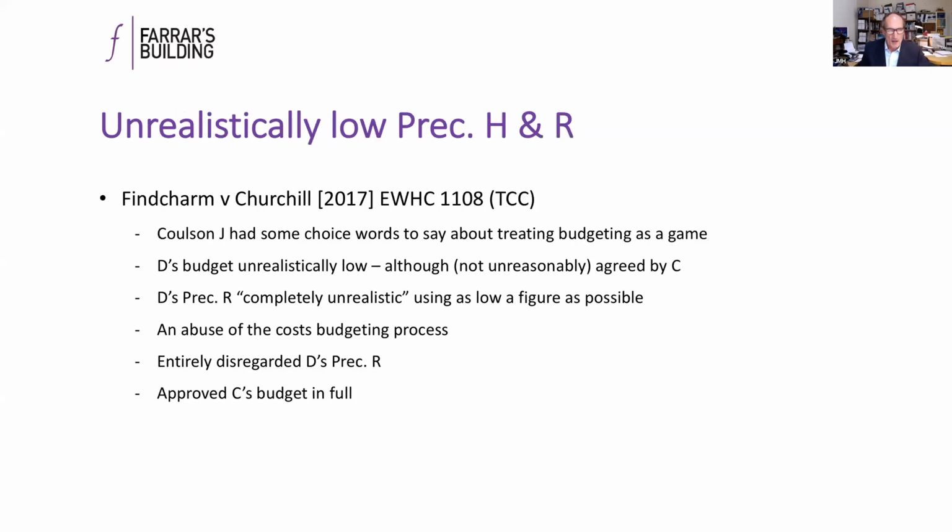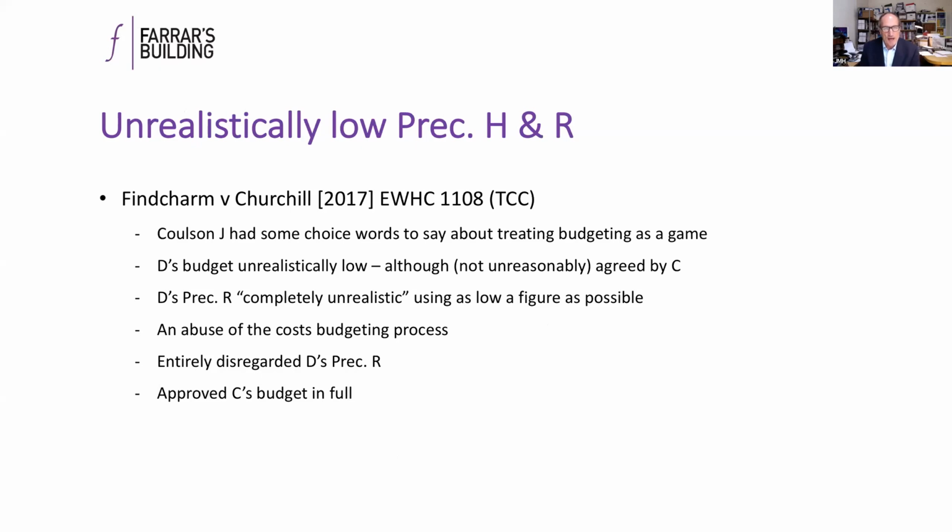Well, what about unrealistically low precedent H and R? What do the judges make of that? Sometimes it's a bit of a tactic we see, more normally on the defendant side. Is a defendant likely to get any traction through being able to say you should look at our low precedent H and the low suggested precedent R?